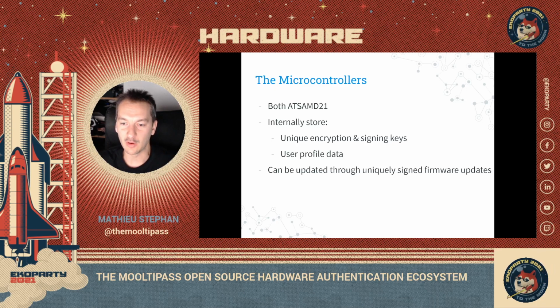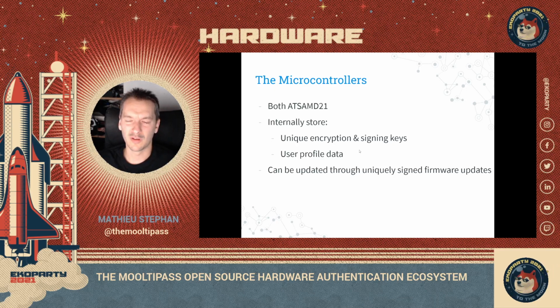This allows us to make sure that not one signing key can be used to compromise a complete fleet of devices. So with that, we guarantee that not one critical point is going to affect the complete fleet of devices. So that means that we need to generate uniquely signed firmware updates.